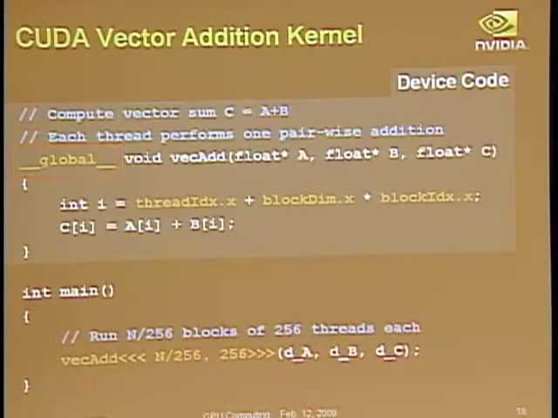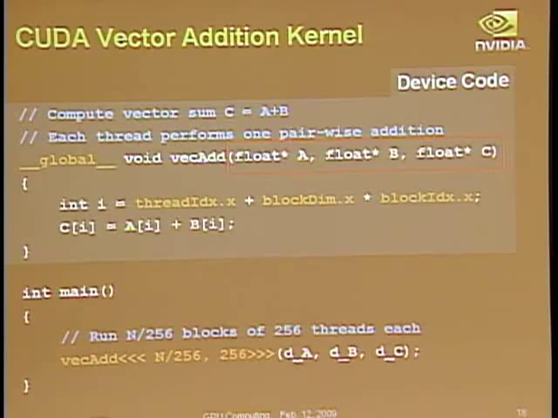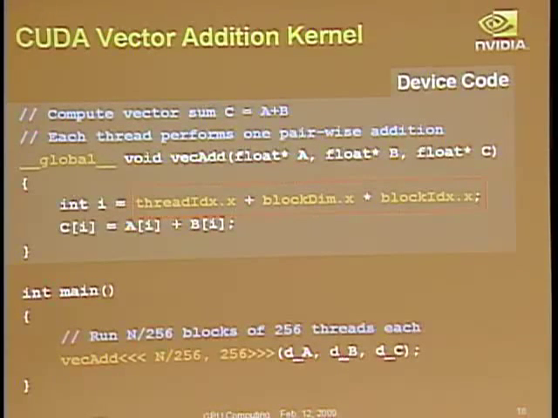Global means that this function is an entry point for a parallel kernel. The arguments are just ordinary C arguments. Then we calculate the thread index, the global thread index in this case. This is what I would call a classical flat data parallel decomposition.